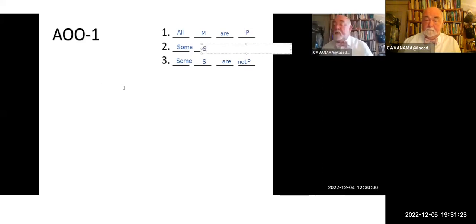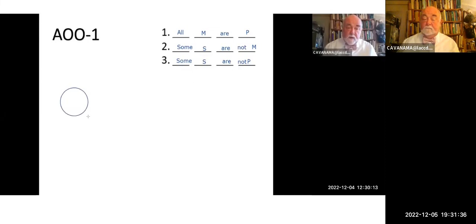Okay, so let's work through systematically. Process of elimination, do it step by step by step. So let's do our Venn diagram for the syllogism. Three circles first. There we go.